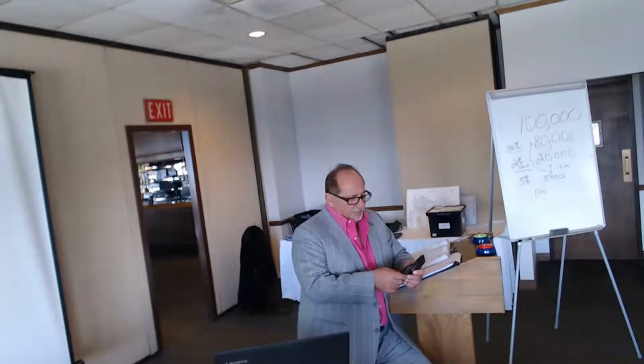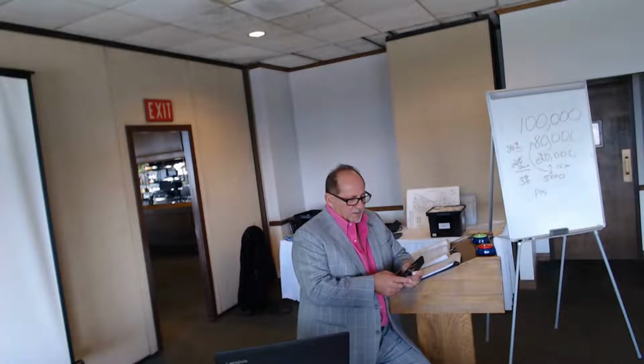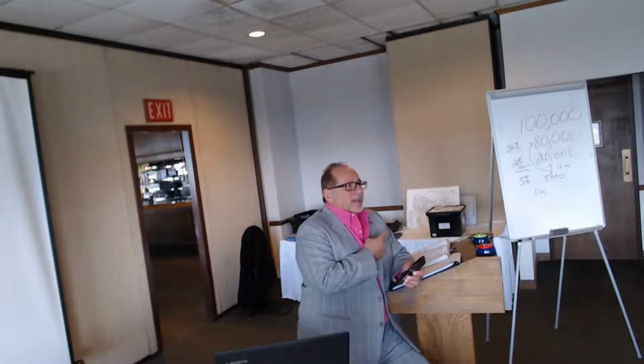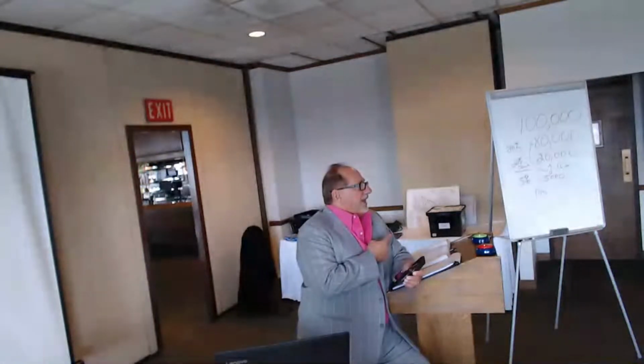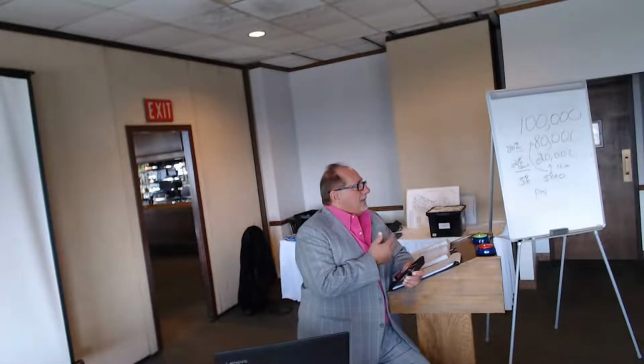So if it's 1% of the mortgage amount, you could do the calculations to figure out the PMI. If it's an $80,000 mortgage amount, because the purchase price was $100,000 and you want a conventional loan, so you need to put 20% down, the maximum loan to value is $80,000.